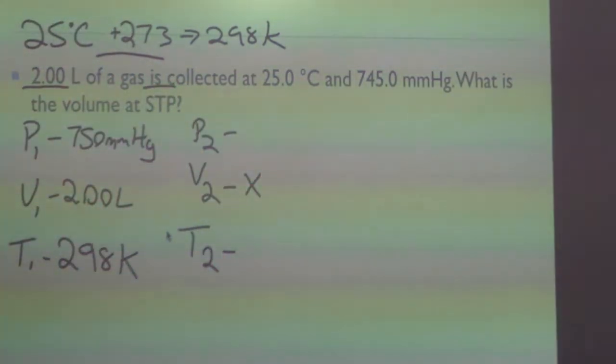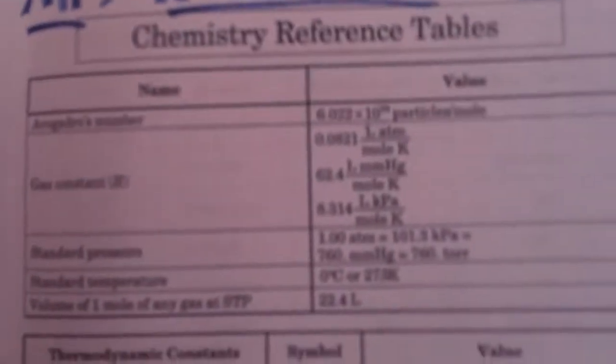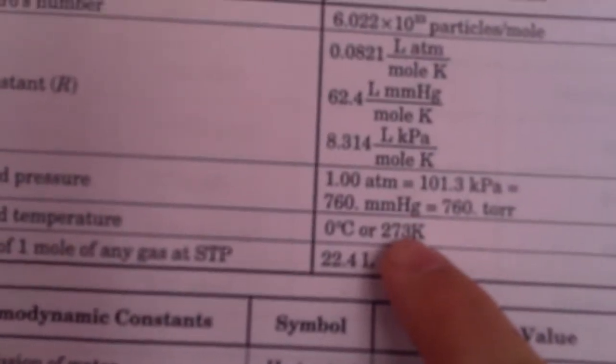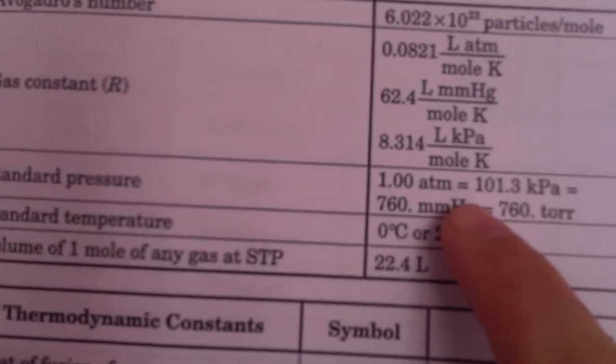Then we have P2. In the question it says STP, standard temperature and pressure. So if you look at your reference packet, it gives us the standard temperature and pressure. So right there is our standard temp, and our standard pressure is right there.